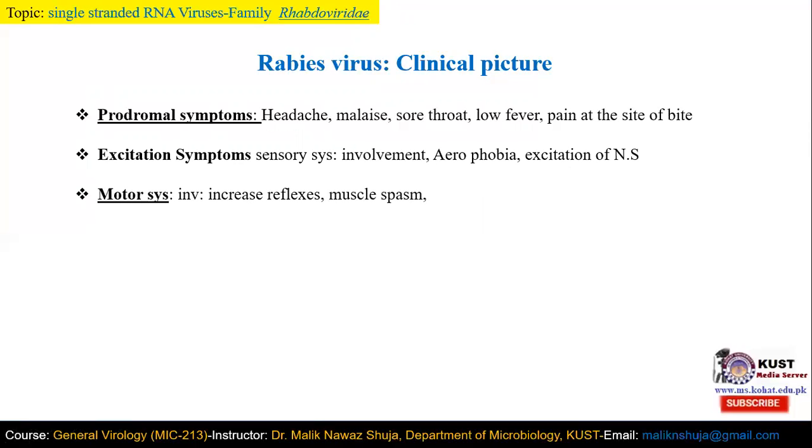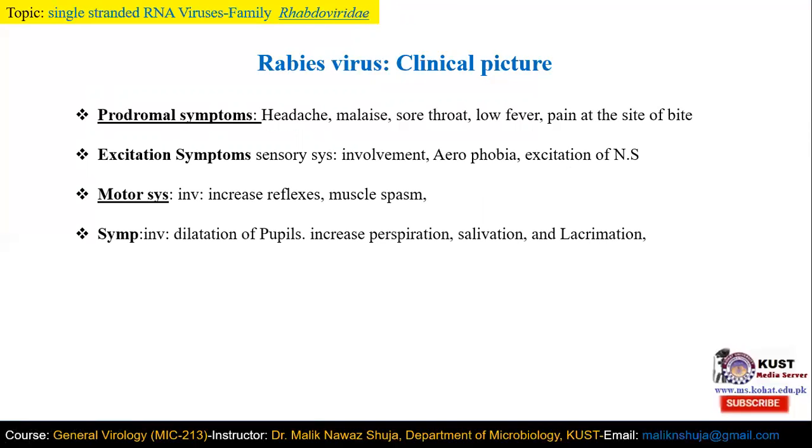Excitation symptoms are followed by central motor system symptoms, in which increased reflexes and muscle spasms are included. These are further followed by dilation of the pupil and increased perspiration, which means sweating.